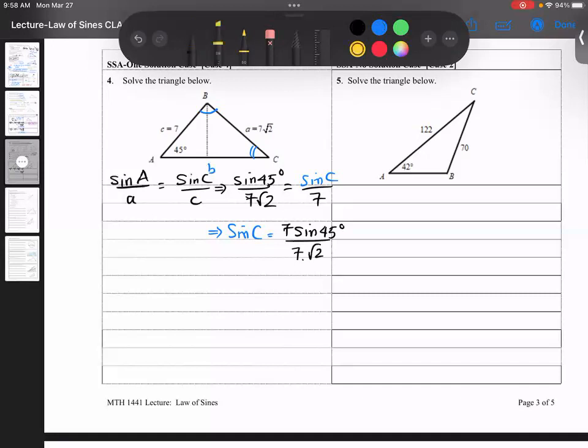Well, 7 and 7 cancel. Sine 45 degrees is root 2 over 2, right? Divided by root 2, which is 1/2. Maybe I'll write it out for you, or you can use your calculator. It'll give you 0.5. So this is equal to 1 over root 2 times root 2 over 2, which is 1/2.